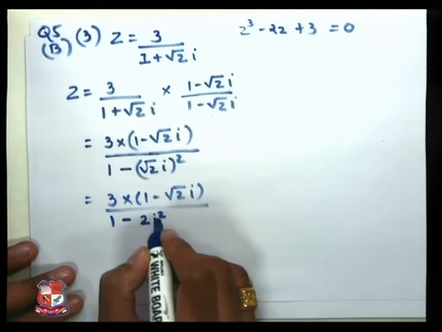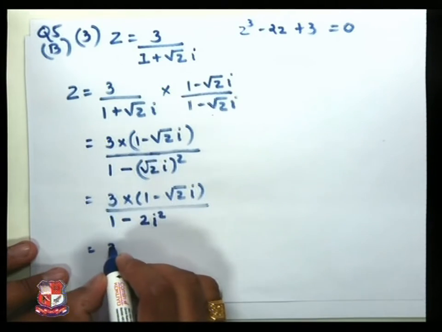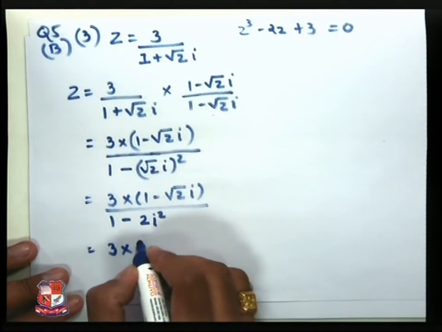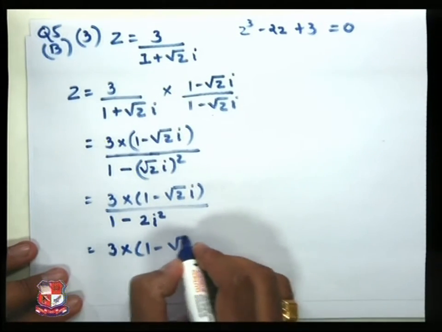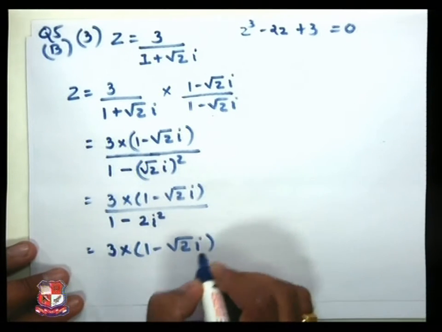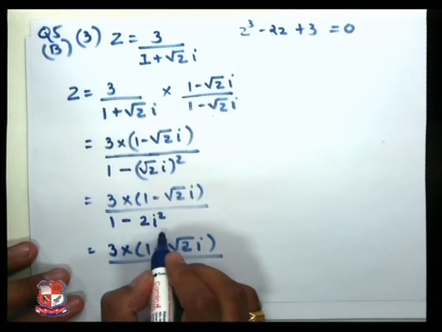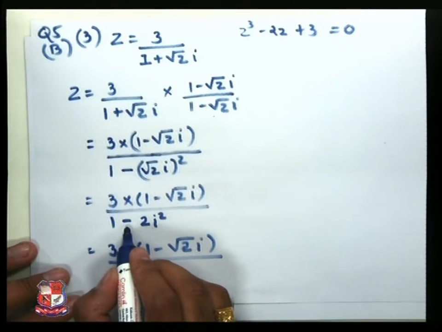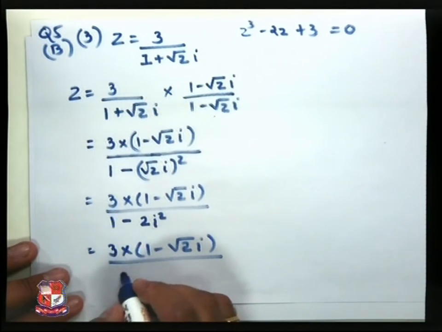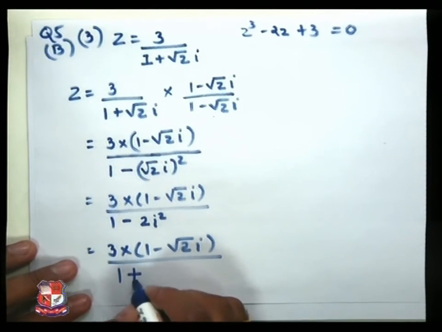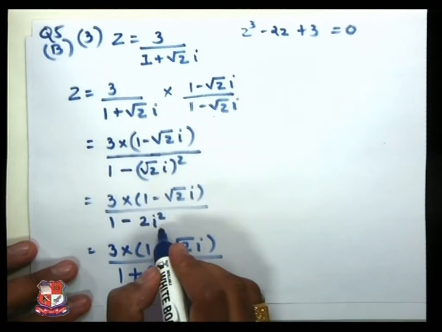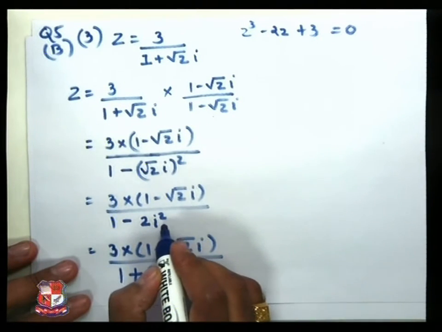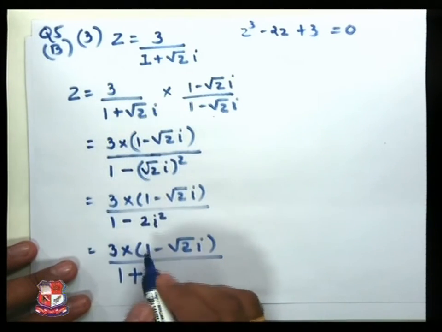Now again we simplify: i square is replaced by minus 1, so the minus sign becomes plus, since minus 1 multiplied with minus 2 becomes plus 2.